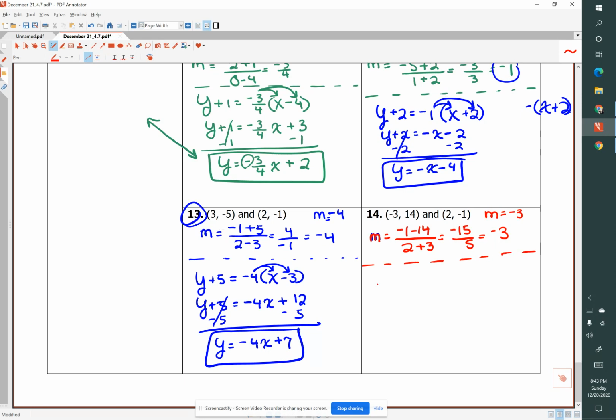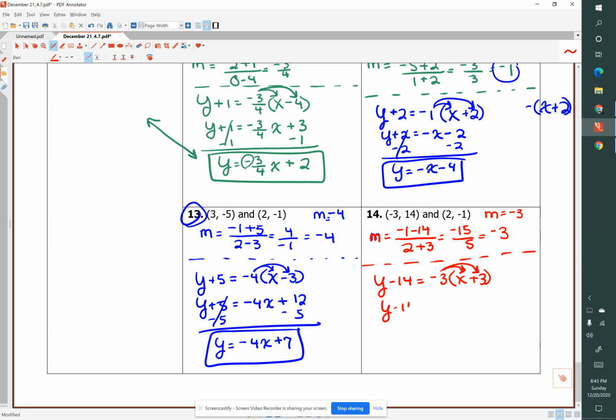Now we'll use the point slope formula. Y minus 14 equals the slope of -3 times the quantity of x minus -3, which is x plus 3. And we will distribute before we solve for y.